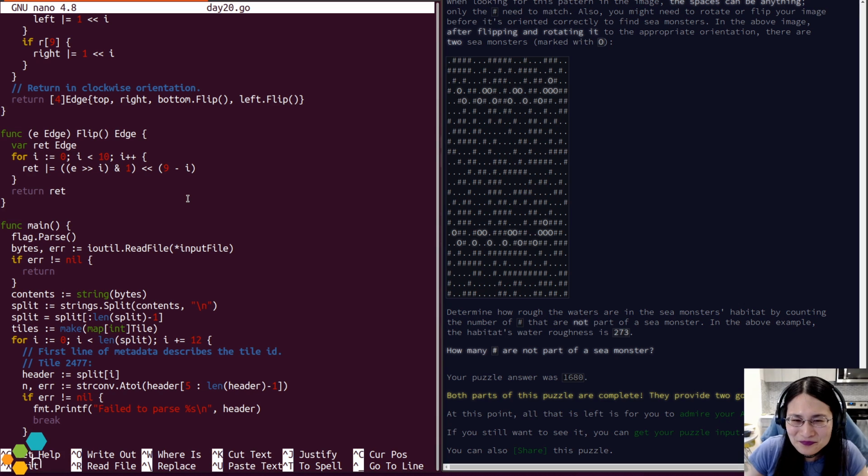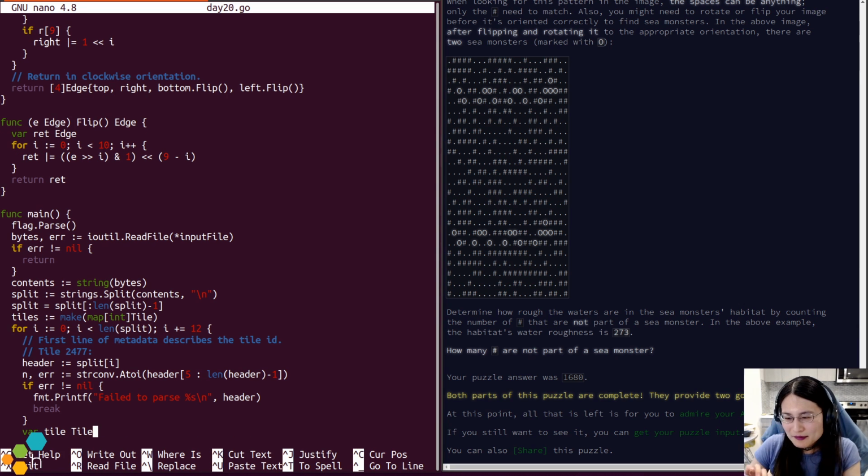Okay. So, we have standardized on the edge cardinality. Not that it actually matters now, but the edge cardinality is set up so that a piece matches if the edge reading exactly matches the next edge reading.